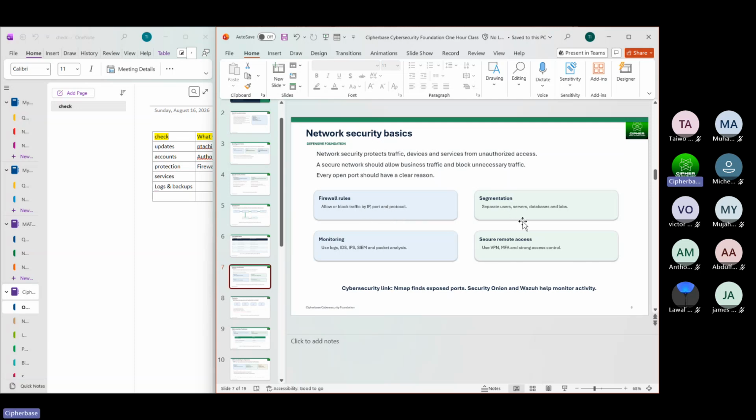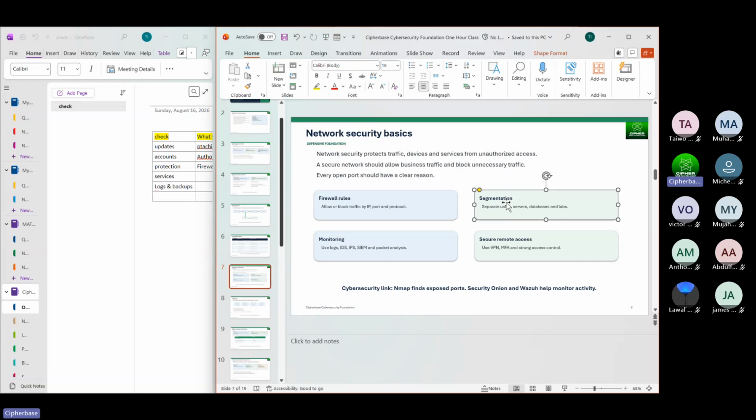Here, segmentation. Of course, segmentation in every organization is very, very important. After you have built your network topology, of course, you have to segment it.